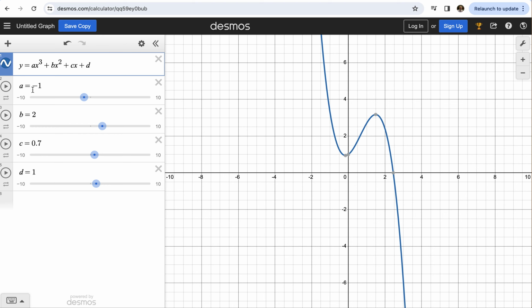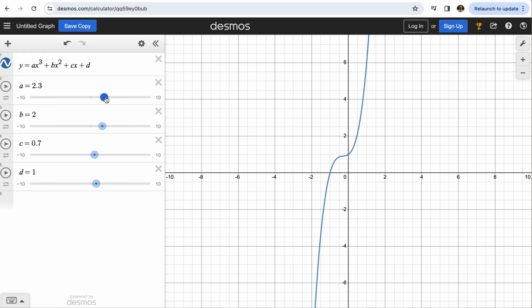And with a -1 in front, the left side goes up and the right side goes down. If it's positive, the left side goes down and the right side goes up. The bigger number we multiply the cube by, the less that parabola has control. Now I can make the parabola stronger, and you can see the parabola forming around the y-intercept, but it's still a cubic.